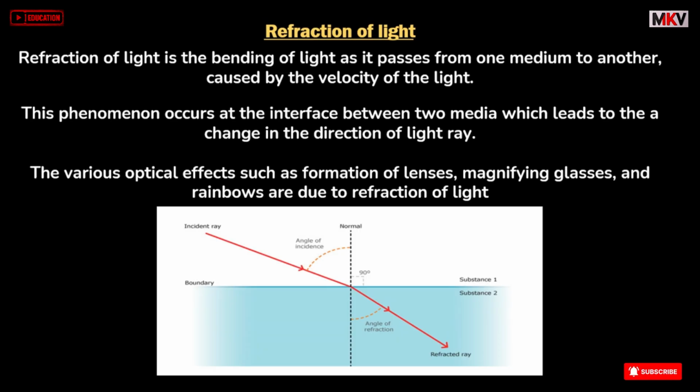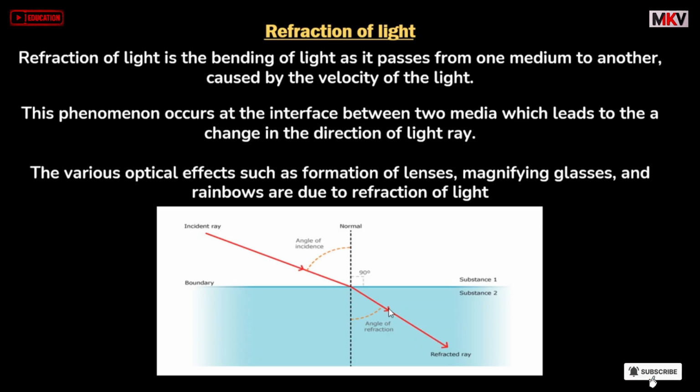If you look at this diagram, we take this part of the diagram to be our air, the first medium where the light is coming from. Our incident light ray coming from air hits this boundary at a certain angle, which is the angle of incidence. When it hits the boundary entering the new medium, the light ray tends to bend a little.